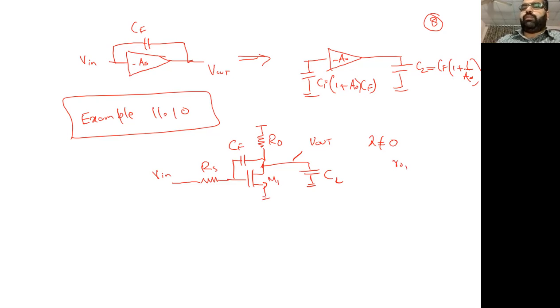Okay? So now when you have the gain, AV will be equal to minus GM1 times RD in parallel with RO1.